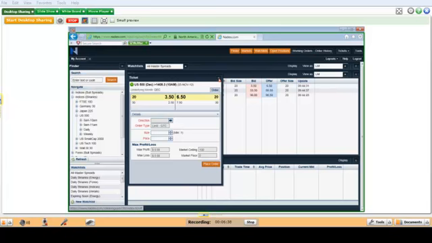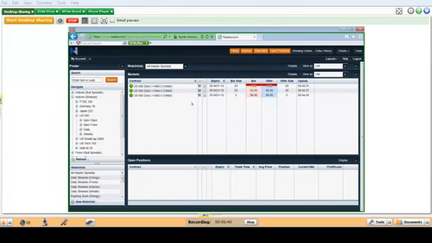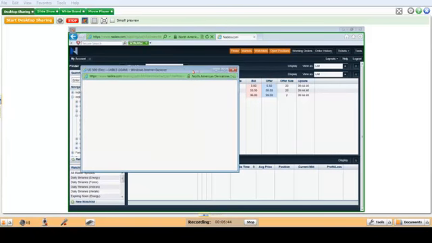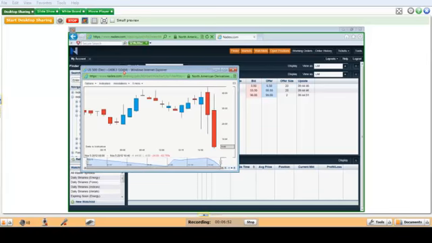All right. Now let's look at a trading opportunity. This is a chart of that option that we just looked at. You can go long or short, so you could buy it or you could sell it.